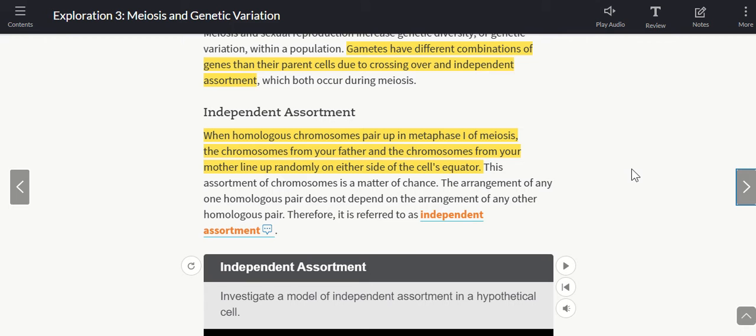If you remember back to our previous explorations, you have homologous chromosomes that are the same size and shape that are going to line up in the middle of the cell during metaphase 1. And they are going to then be pulled to opposite sides during that next step, which is anaphase. Now, in our previous exploration, we talked about how the whole purpose of meiosis 1 was to separate those homologous chromosomes, and this process happens randomly.